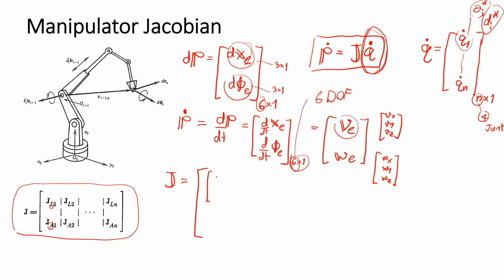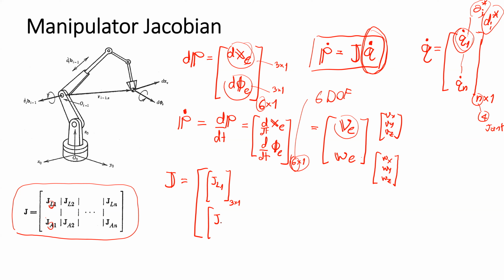The JL1 here relates the endpoint position, the linear position, to the first joint variable, and it is the matrix that relates the three positions in i, j, k; the vector has the dimension of 3 by 1.